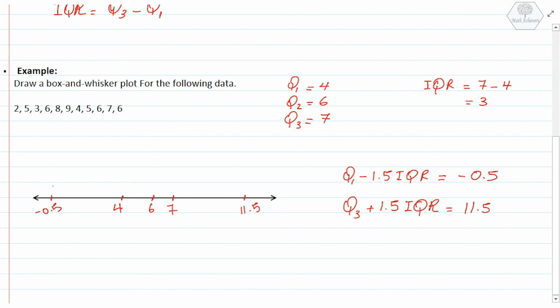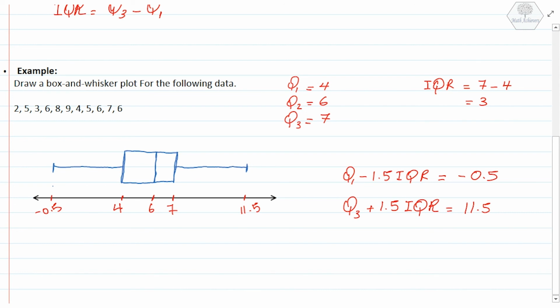So now, this is a big line of the box, and this is another big line. These are my whiskers. And this is another whisker.